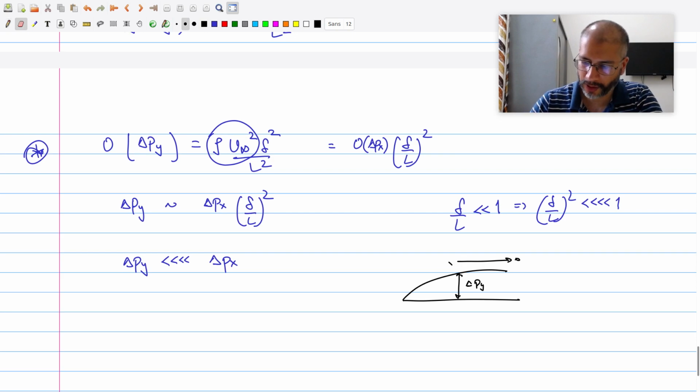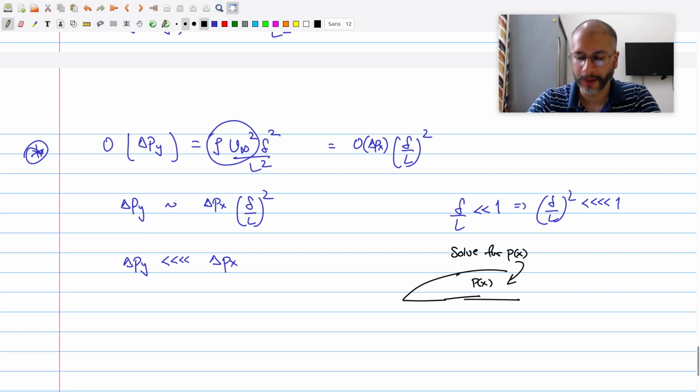So what that means is you solve for pressure as a function of x in the region outside the boundary layer, and then you use that information for inside the boundary layer. And I call it P as a function of x because P does not change with y inside the boundary layer. Okay, so we just call it P as a pure function of x inside the boundary layer.